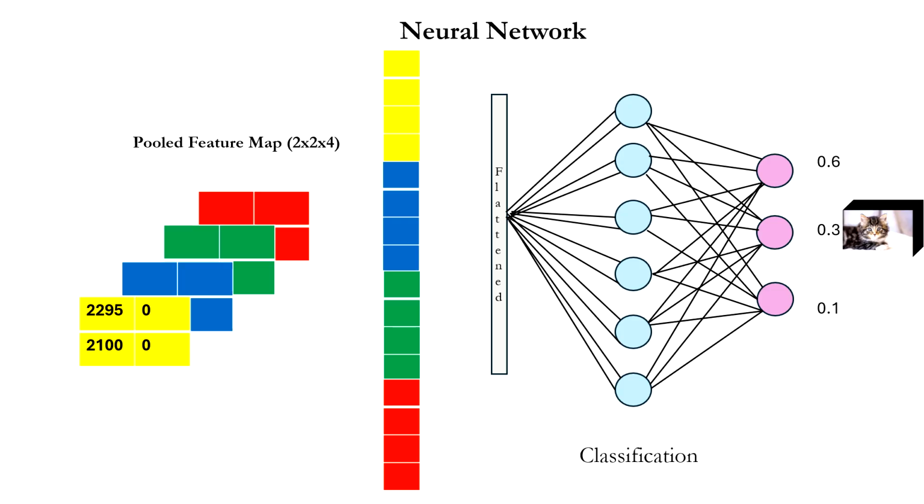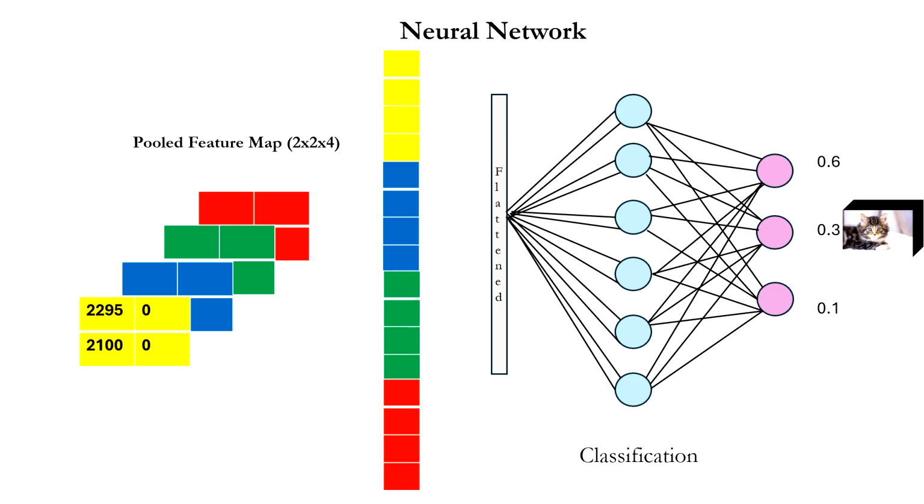So when you unroll the pooled feature map into that flattened vertical list, you're not destroying the order. You're systematically mapping it from a 3D coordinate space, height times width times channel, into a 1D sequence.